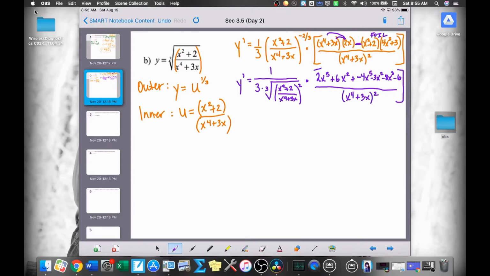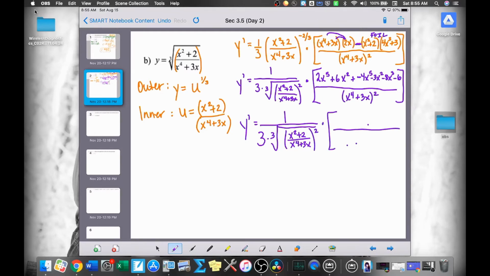All right, so now let's combine our like terms in that numerator. And again, this first part here stays exactly as it is. So 3 times the cube root of my quotient squared. All right, so now in my numerator over here, when I combine like terms, 2x to the 5th minus 4x to the 5th is going to give me negative 2x to the 5th.